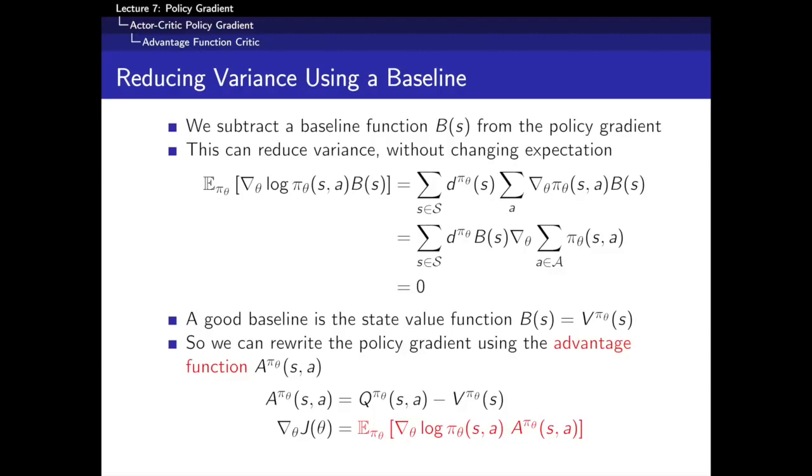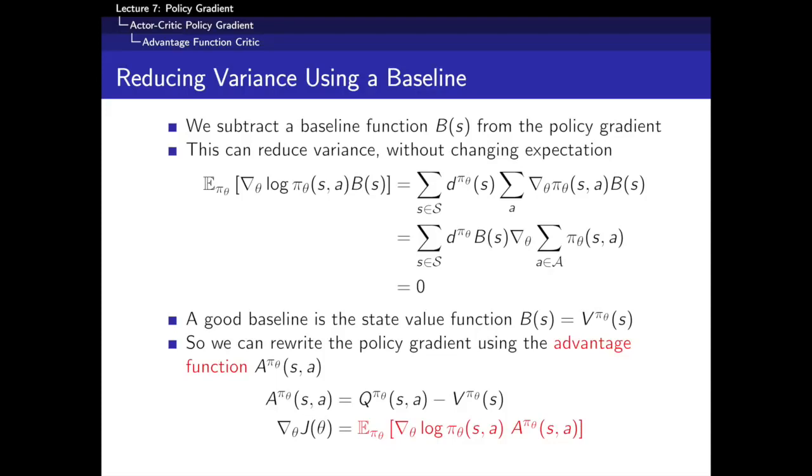But now what this result tells us is that we can add or subtract anything we want from this q, as long as that thing is just a function of state and not a function of action, so as to control the variance of this whole term here. We want this expectation to be low variance, but we don't want to change the direction of ascent. And we can do that, and there's a particularly nice choice that we can pick for this, which is going to have some nice consequences for us.